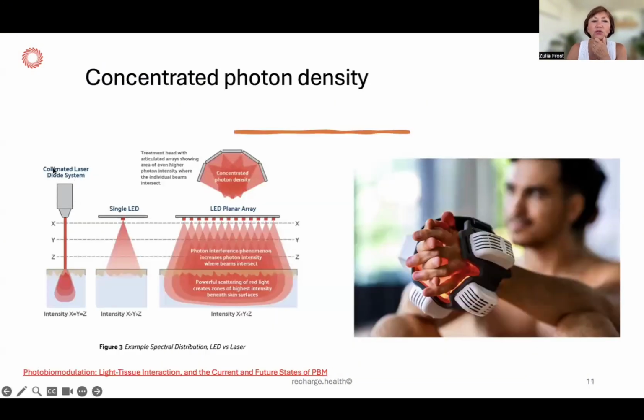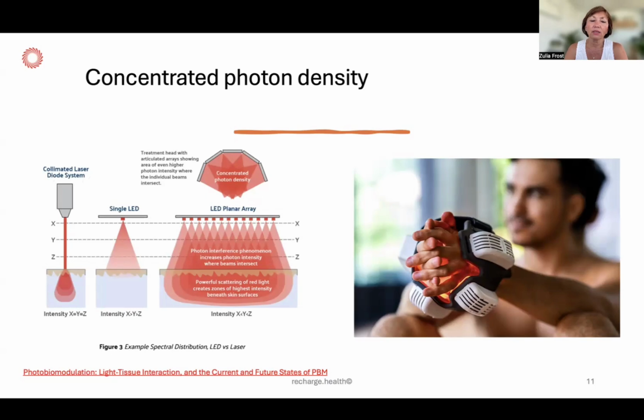This is, for example, a collimated laser diode system. Laser is always really precise, very, very strong, with deeper saturation with the stimulation with light of the tissues, yes? So lasers so far give you much cleaner, much more energetic input, much more precise, yes?